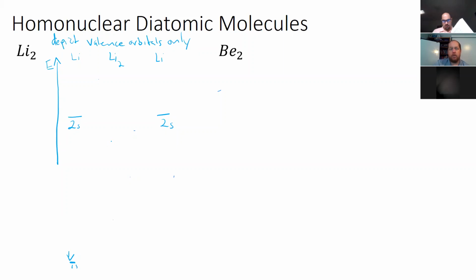So here, when those 2s orbitals combine, okay, they're going to combine in such a way that gives us a sigma bonding orbital. This will be a sigma 2s orbital, and then they'll combine in such a way as to give us a sigma star 2s antibonding orbital as well. Right? And so I can connect these together. Notice I didn't even fill in the atomic electrons yet, because really the atomic electrons, we can put those in a minute, but the key here is the orbitals that overlap are what are giving us the molecular orbital diagram.